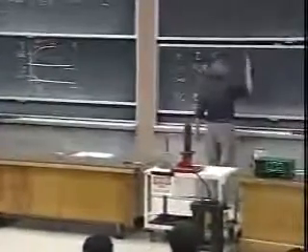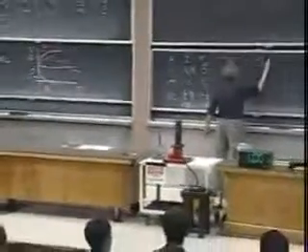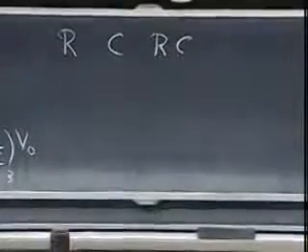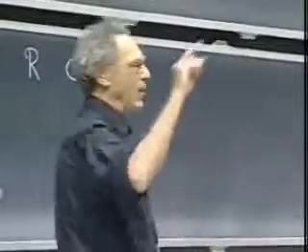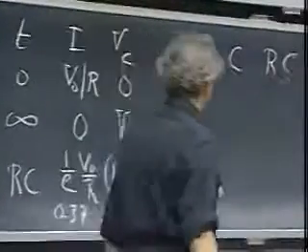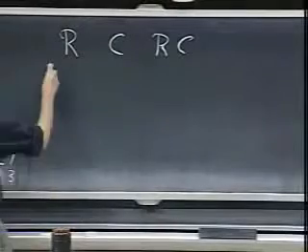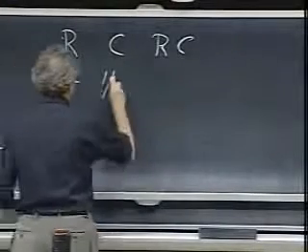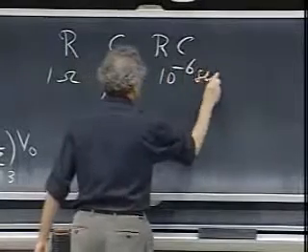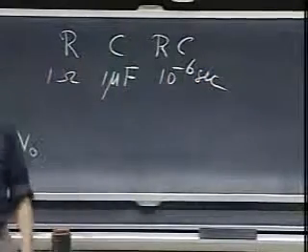If we have here an R and a C and we want to know what the RC time is, convince yourself that the product of R and C indeed has units of seconds. Remember, we had L over R before, which also had units of seconds. RC also has units of seconds. If you have R equals 1 ohm and C is 1 microfarad, then the RC time is only a microsecond.